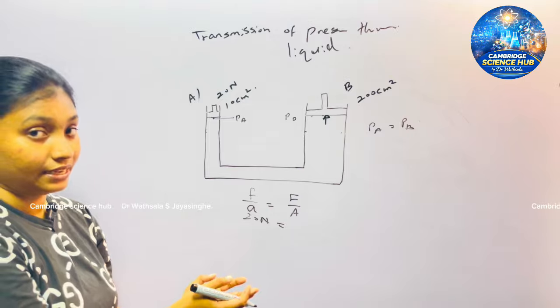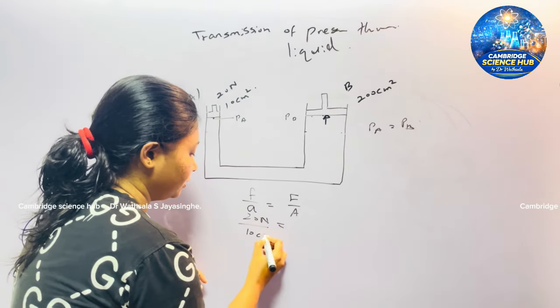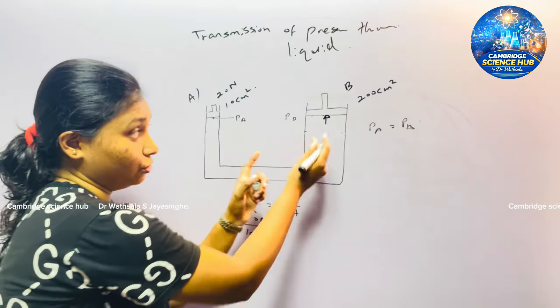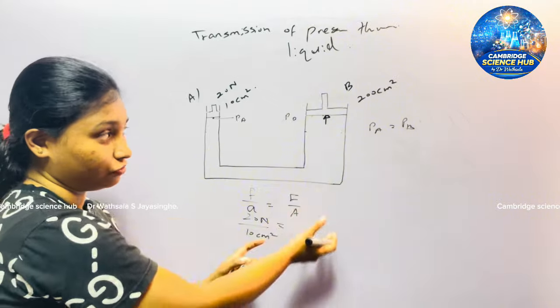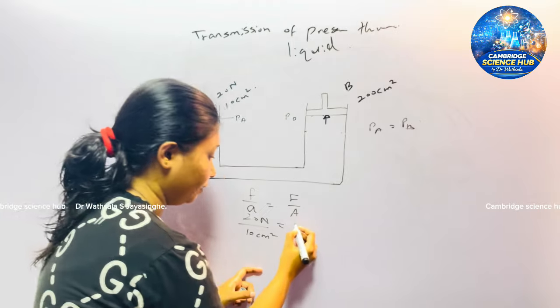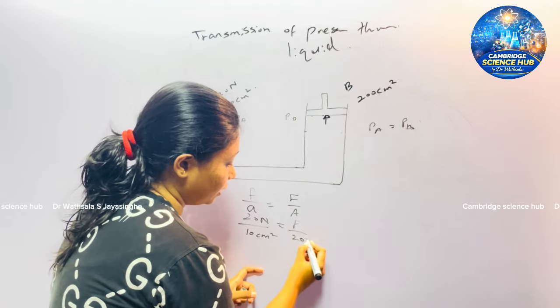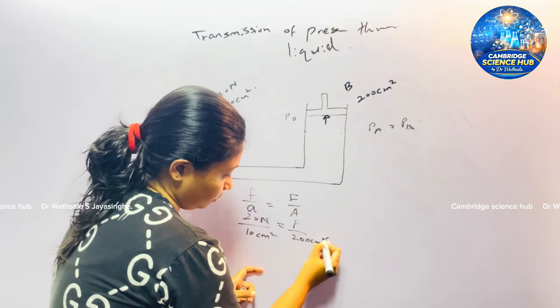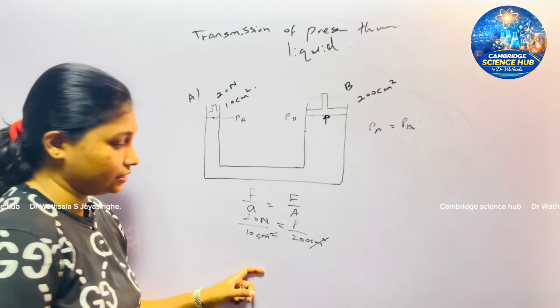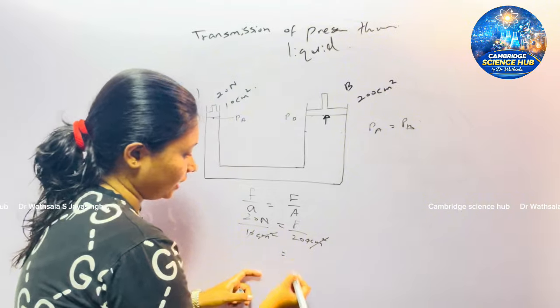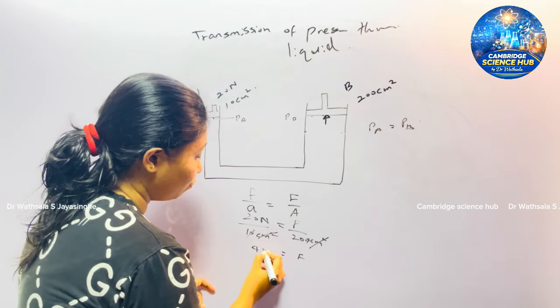The force on piston B we don't know, that we have to find, and the area is 200 square centimeters. So we can cancel like this, and once the calculation is done, F should be 400 Newton.